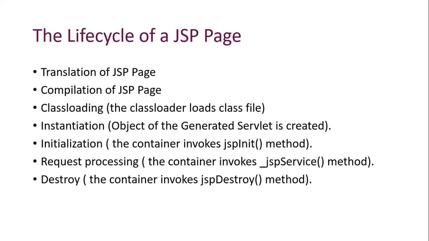Here we use the JSP init method, and for request processing, we use the service method in Servlet, but here the JSP service method is used for processing. And after that, the destroy method is executed, like in a Servlet page. Okay, so this is the life cycle of JSP page.